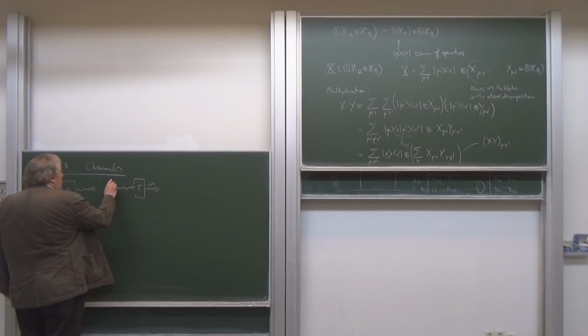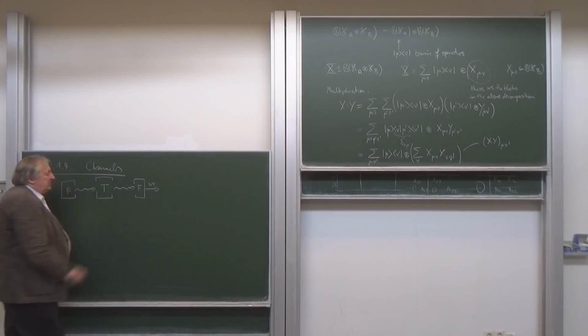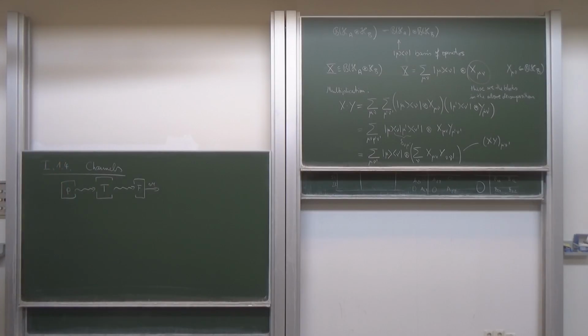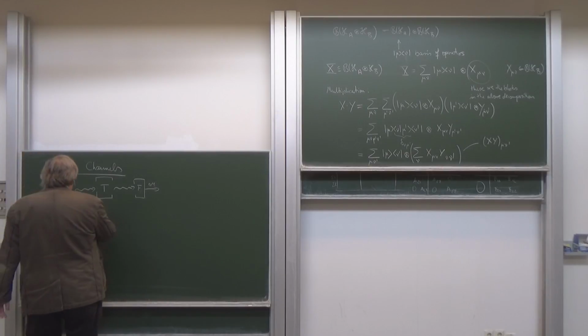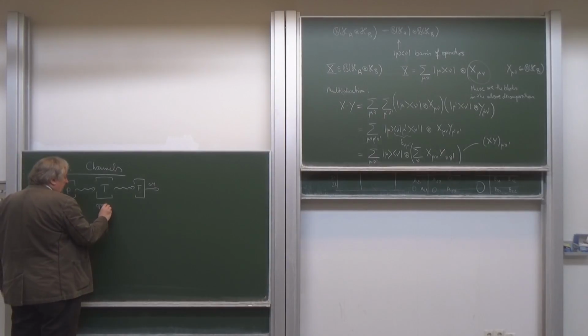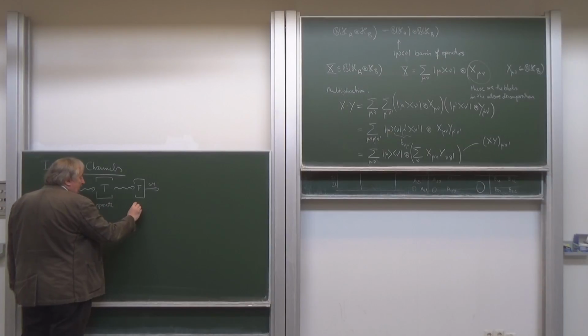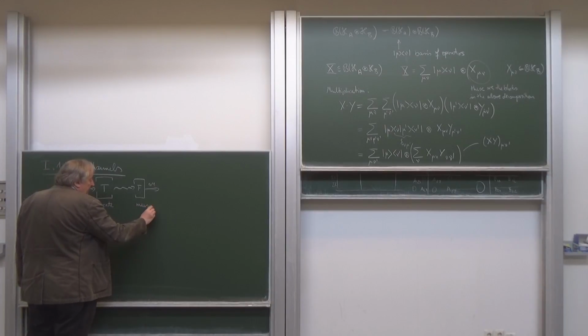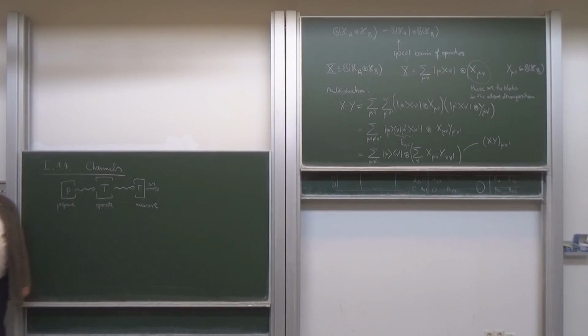Now, but very often we are interested in doing something to the system on the way. So this is prepare, operate, do something to the system, and measure. So this is a slight extension of the scheme that we had before, and of course this happens all the time.